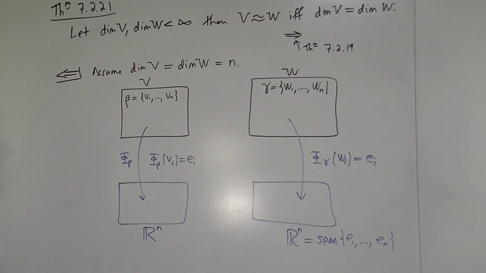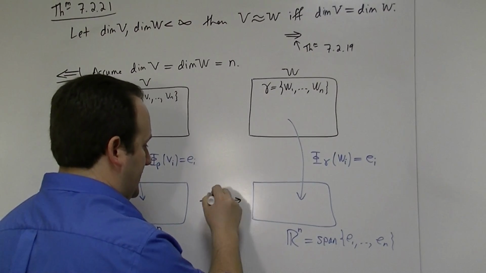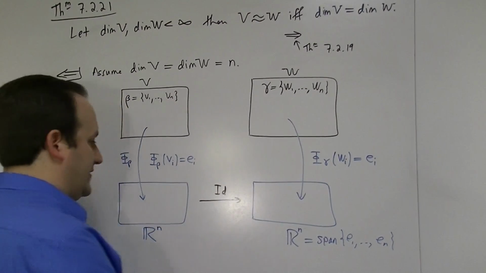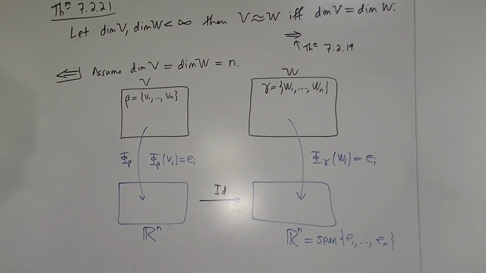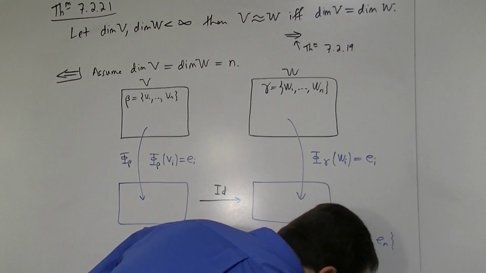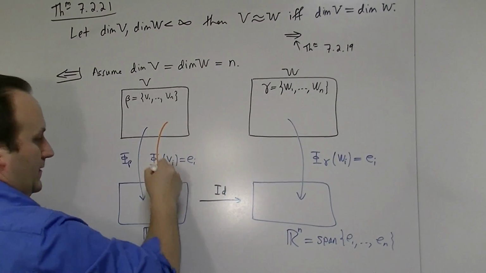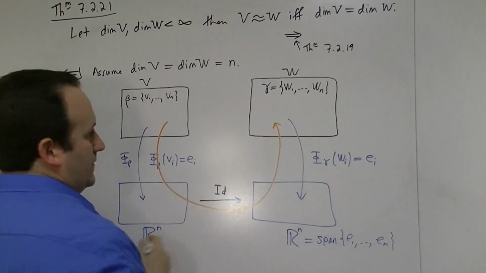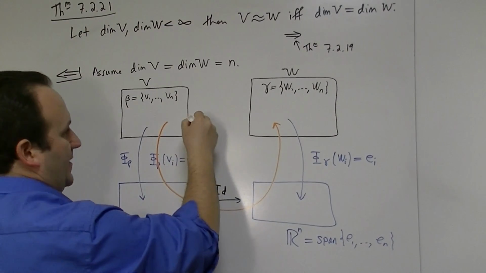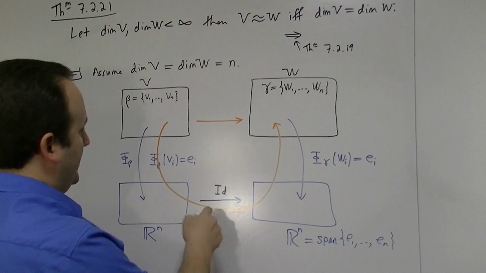For me, one natural way to get an isomorphism from V to W is to use the identity mapping on Rn, which is kind of silly. But if you just follow the diagram here, that will give me a mapping in the following sense. So this orange map would be what?